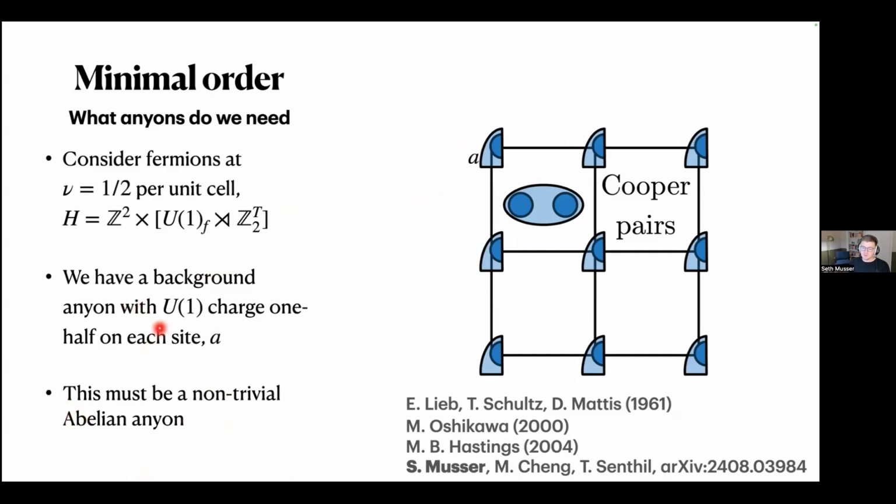And furthermore, A must be an abelian anyon. There are many ways to see this, but I'll give you one easy proof by contradiction. Suppose that it was non-abelian and had quantum dimension D, then the ground state degeneracy of the whole system would be like D to the N, where N is the number of sites.